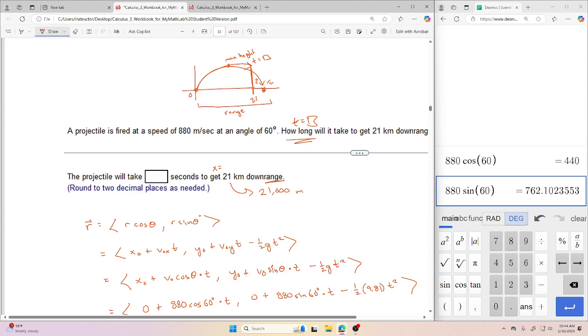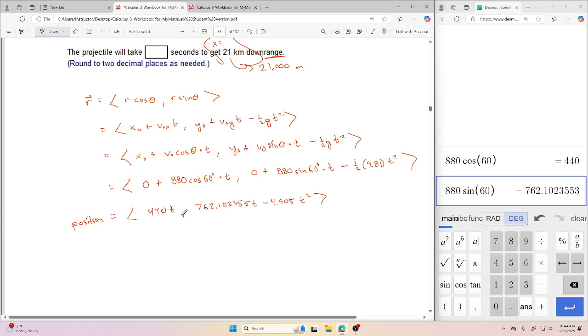Because everything is going to come back down. So yeah, I think they're saying that X is equal to 21,000, and then solve for T.